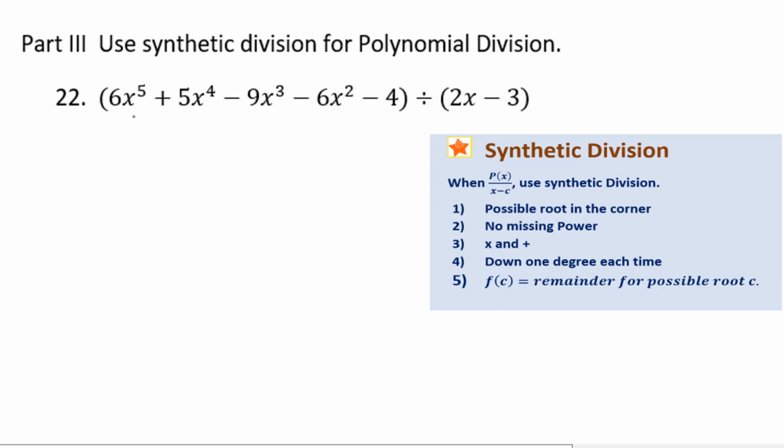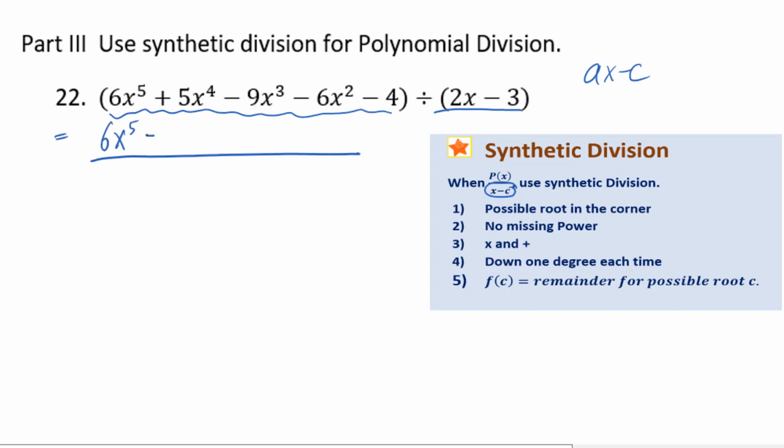Let's go to 22. We have this polynomial function divided by 2x minus 3. For synthetic division, we divide by x minus c. What if we have ax minus c? Then what we've got to do? 6x to the 5th power plus 5x to the 4th power minus 9x 3rd power minus 6x squared minus 4.